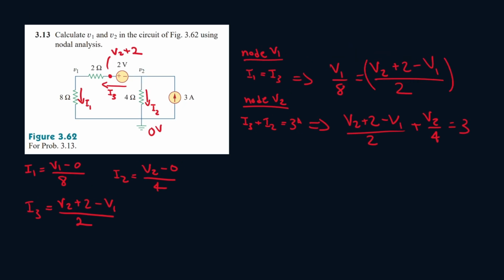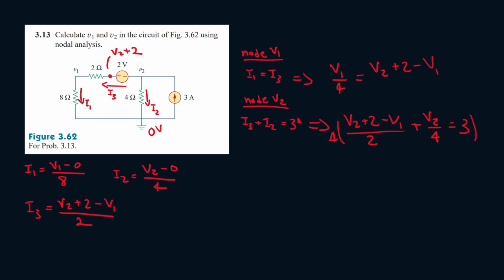Alright, let's times both sides by 2 here so I can get rid of this 2 at the bottom. So this and this cancel out, and this becomes 2 over 8, which is 1 over 4. There you go. That looks much easier to work with. And same with here. Let's times both sides by 4.